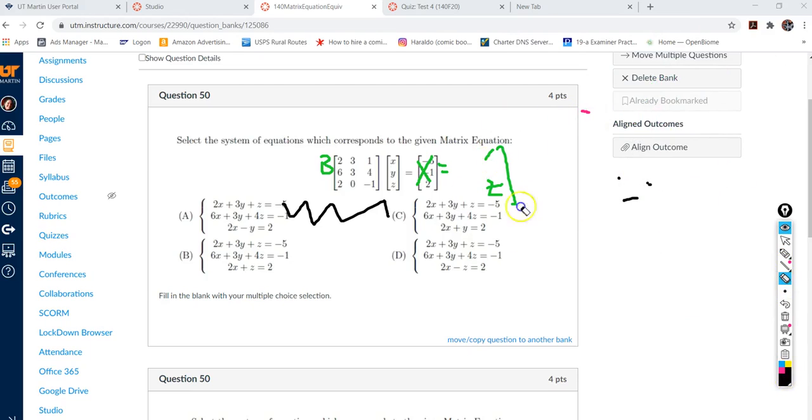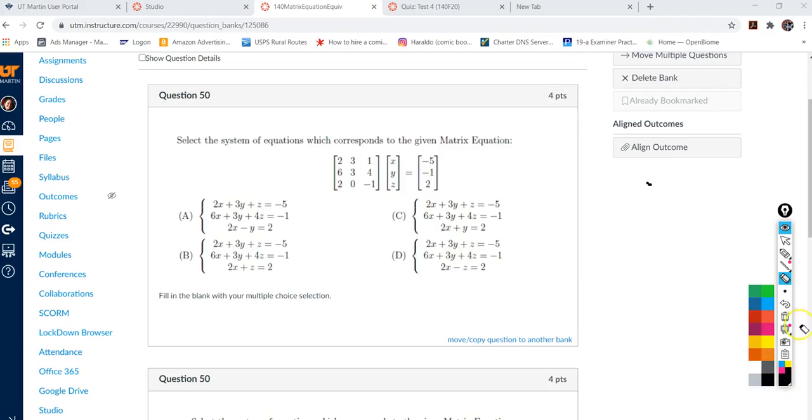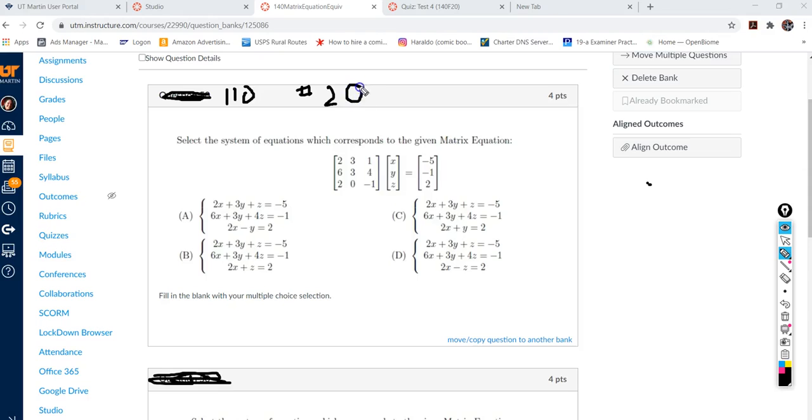So this is Math 110. This was your question 20. This is from the bank for your question 20. All right, so it's the same thing.